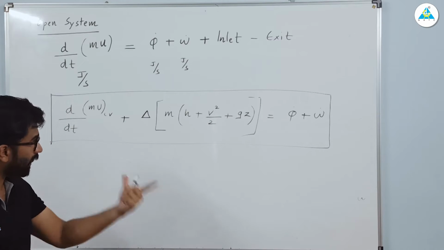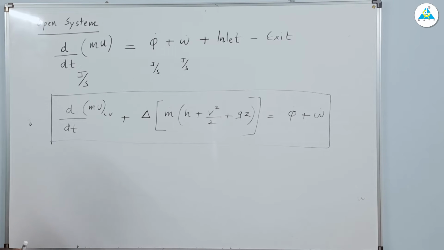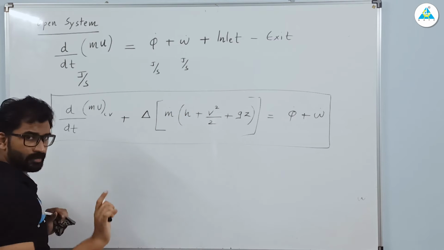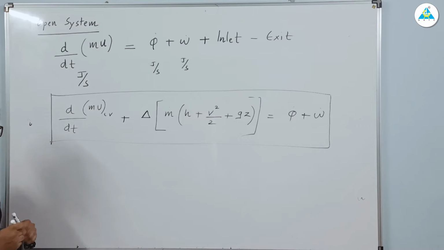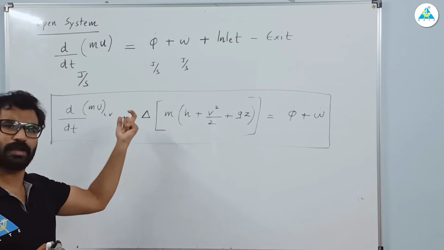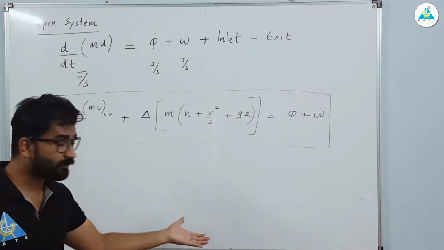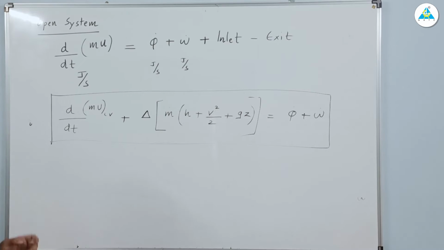So if you want to elaborate the equation and write it again, it's very simple. You can write like this also, right? It is outlet minus inlet. So H outlet minus inlet will become what? H2 minus H1, V2 square minus V1 square. That way also you can write it, no problem at all, right?